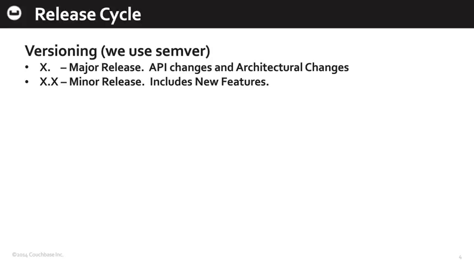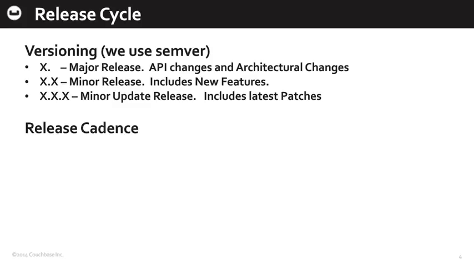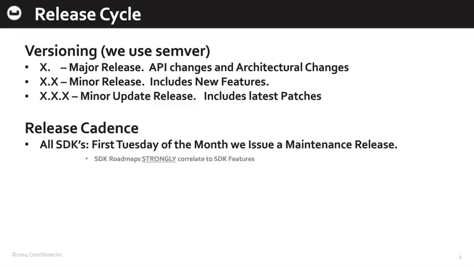Usually on the first Tuesday of each month, you'll see a minor update with the latest bug fixes in there. We always encourage you to use the latest and greatest of our SDK offerings, as we spend a lot of time investing in quality assurance and quick fix engineering, and we make sure that we're always delivering you, the customer, the most value with these releases. And in addition to that, we'll move through this real quick.